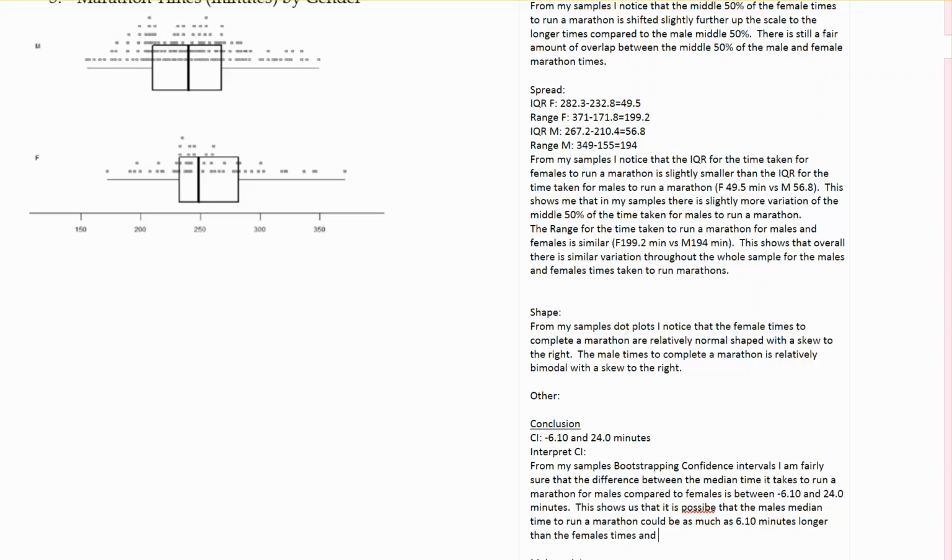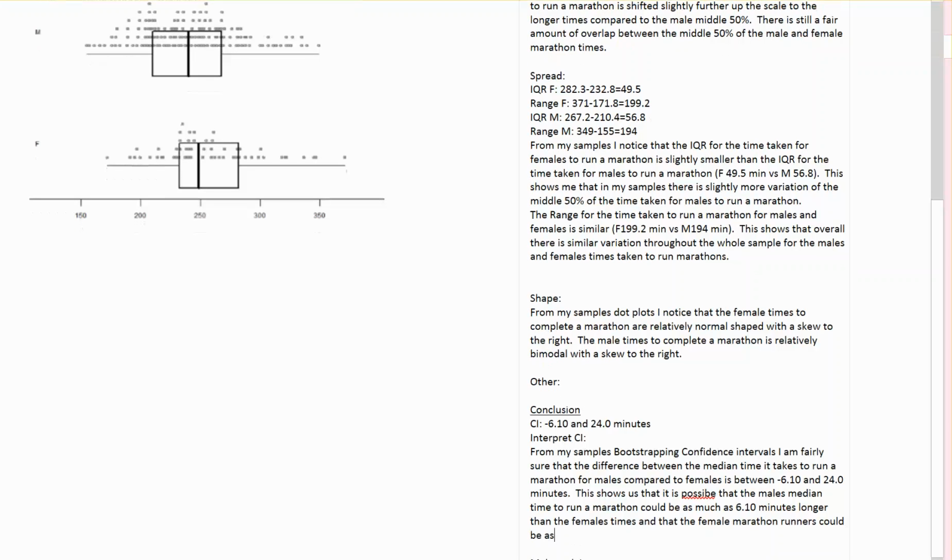and that the female marathon runners could be as much as 24.0 minutes longer than the males.